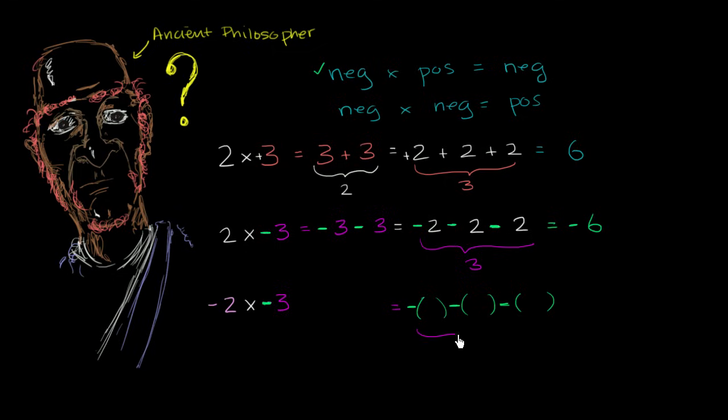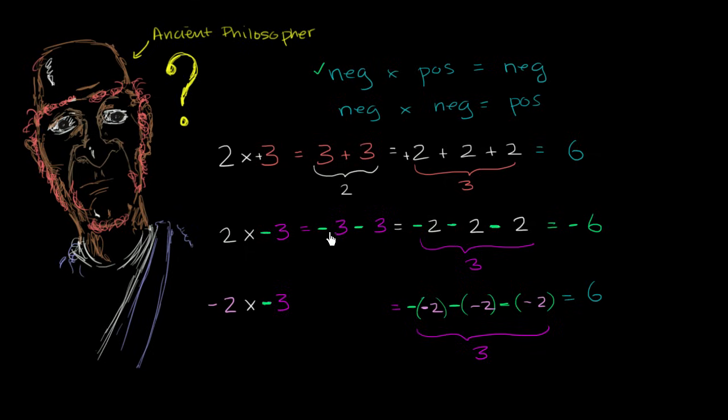Over here it was a positive 2 that we subtracted 3 times. Now we're going to do a negative 2. And we know from subtracting negative numbers, we've already built this intuition, that subtracting a negative is like taking away someone's debt. It's the same thing as adding a positive. And so this is going to be the same thing as 2 plus 2 plus 2, which will once again give you positive 6.